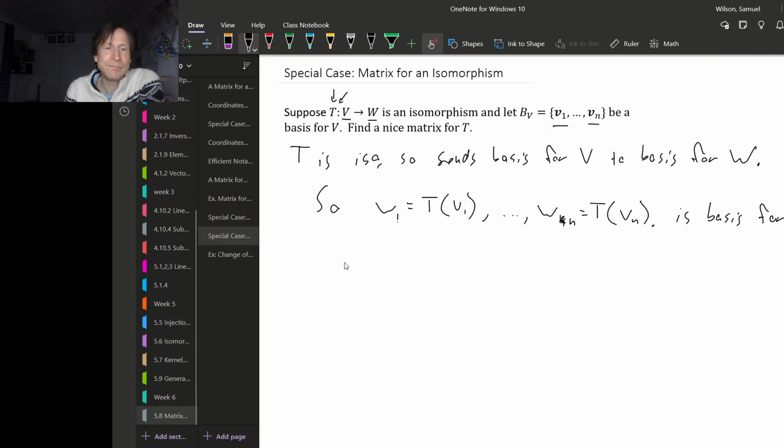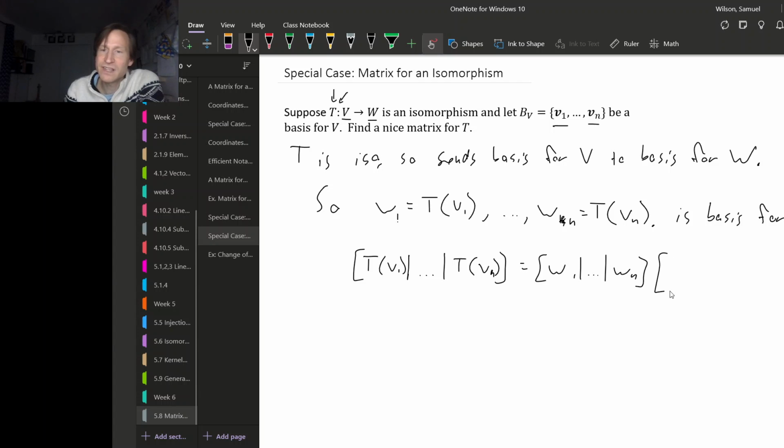All right, now remember, to compute the matrix for this linear transformation, we need to express the images of the V's in terms of the W's. Oh, this should be V sub n here.